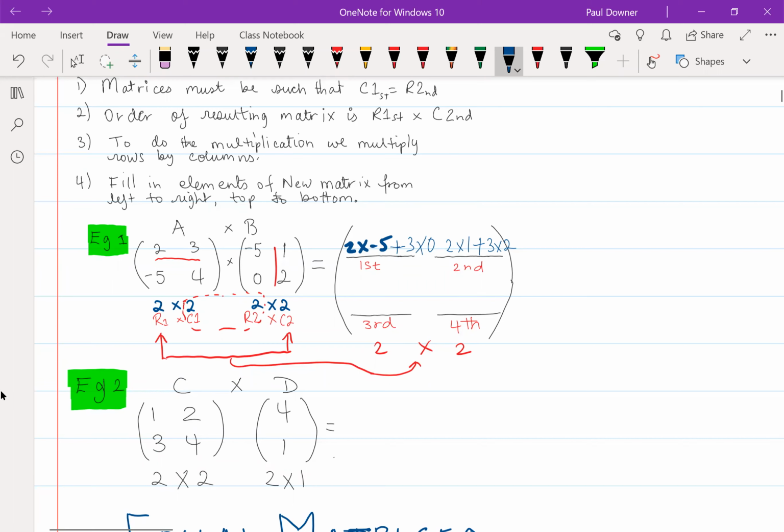Now, if you notice, we would have finished multiplying this row by both columns. So the next thing we have to do is multiply the next row by the two columns. We're going to multiply this row here, the minus 5, 4, by minus 5, 0.